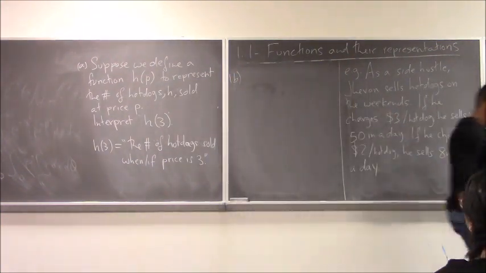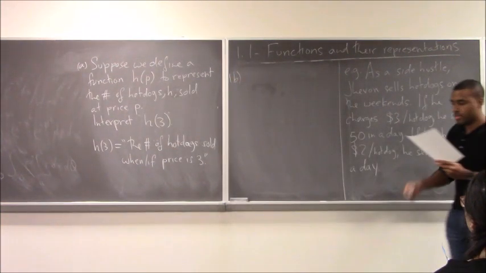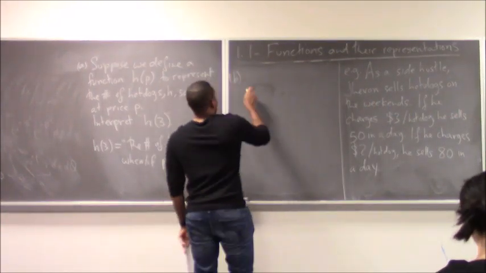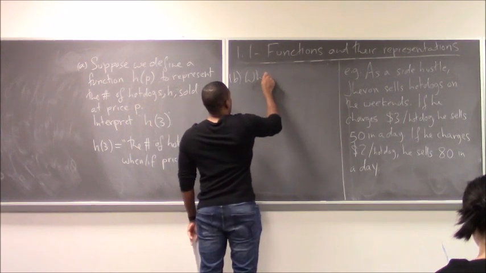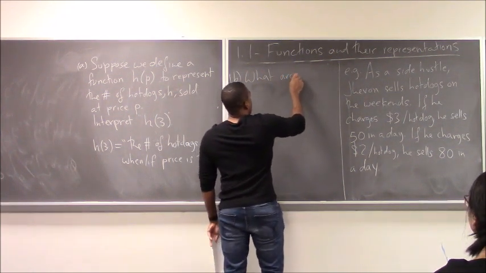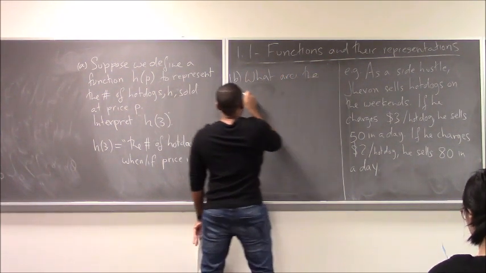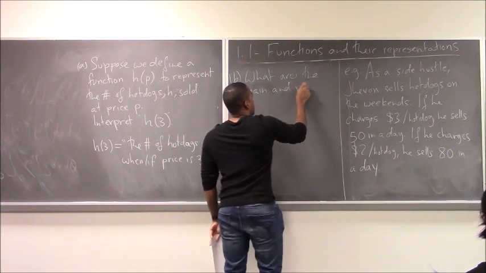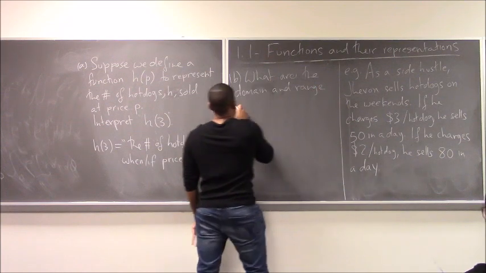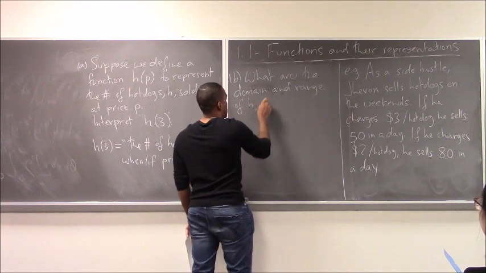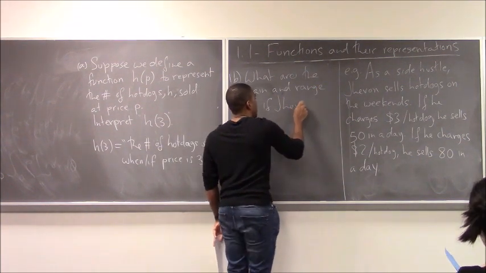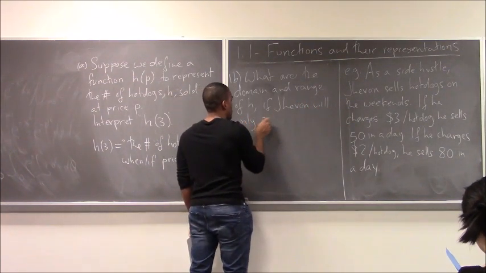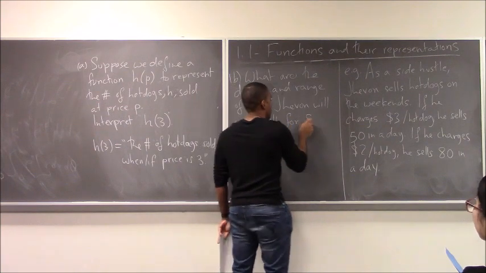So B. Can you tell me what are the domain and range of H if Jhevon will only sell for $2 or $3?